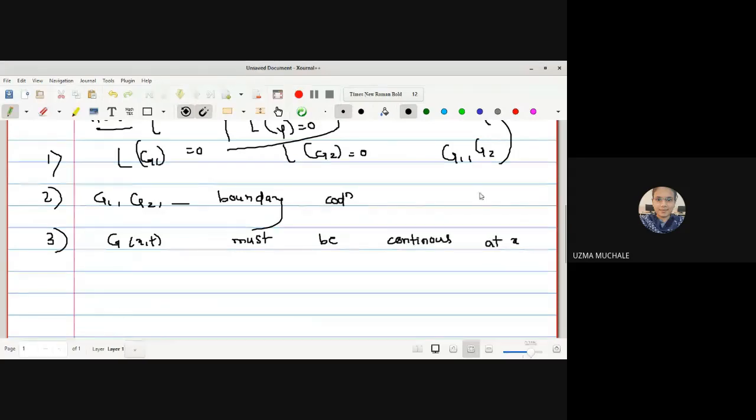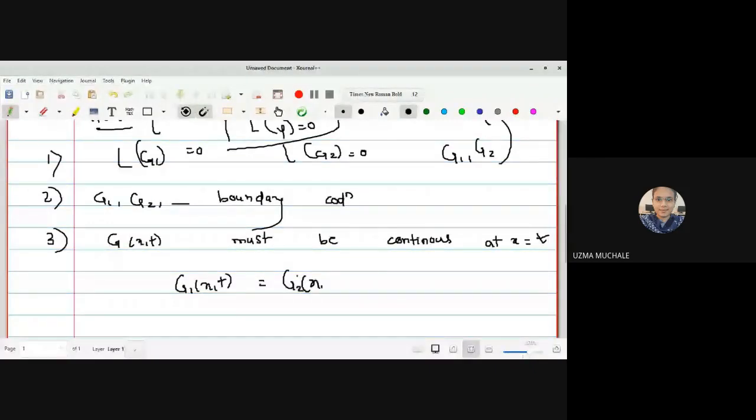Okay, what do you mean by the function being continuous at x equal to t? Can anyone tell me what you mean by a continuous function? g of x,t must be continuous at x equal to t means g1 of x,t should be equal to g2 of x,t at x equal to t.